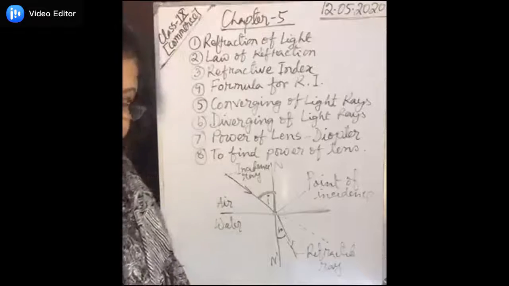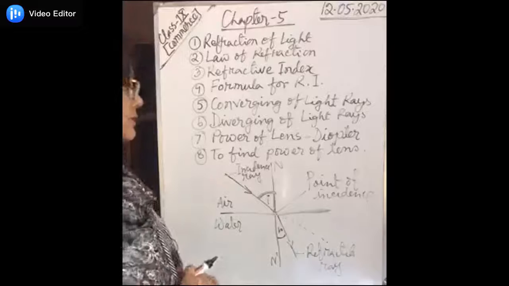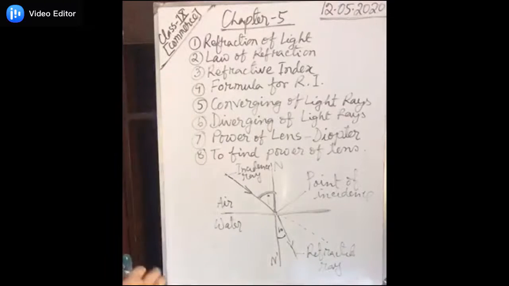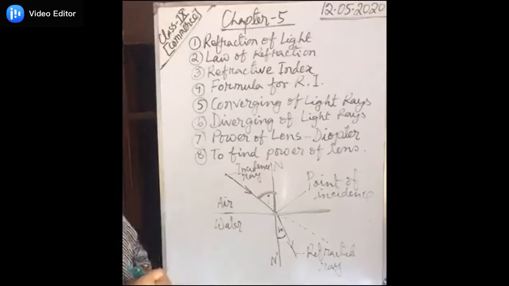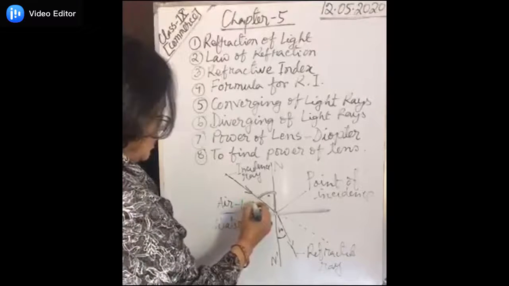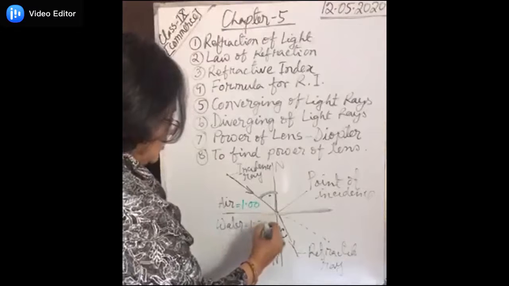Okay. Now come to the formula for the refractive index. Every medium has a definite refractive index. The refractive index of air is 1.00 and of water is 1.33.